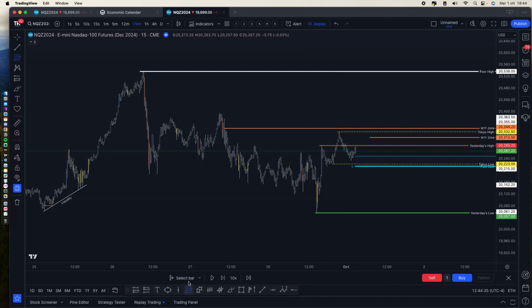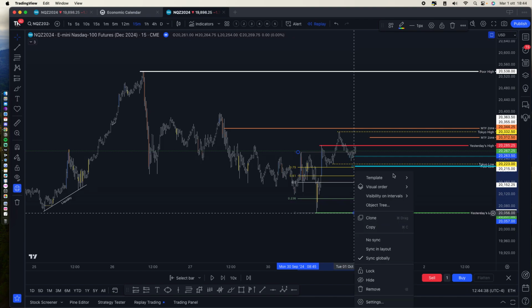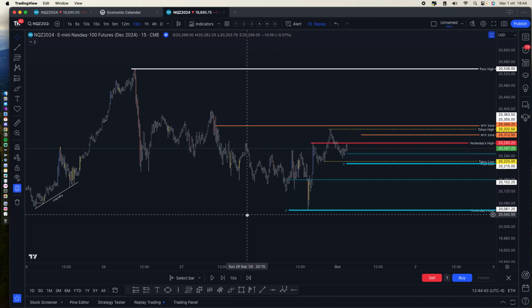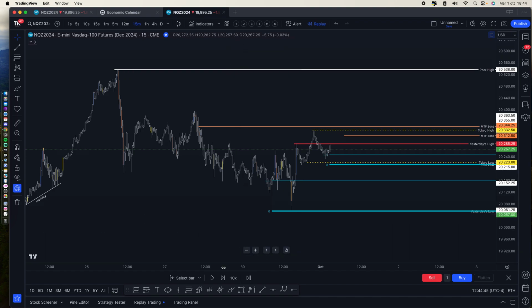But to be honest, what I share on my Discord is the zone, in which that makes me think that we were going to test the zone to keep on going long.